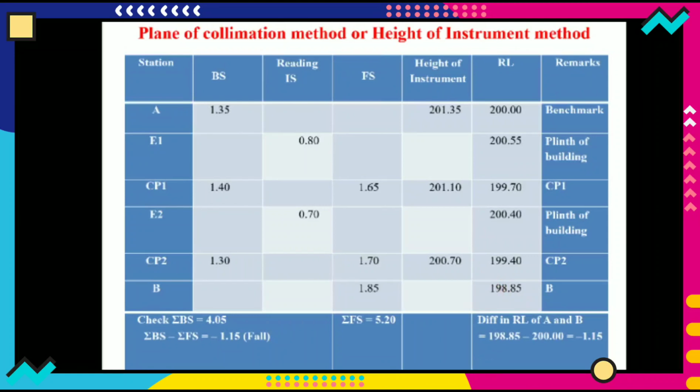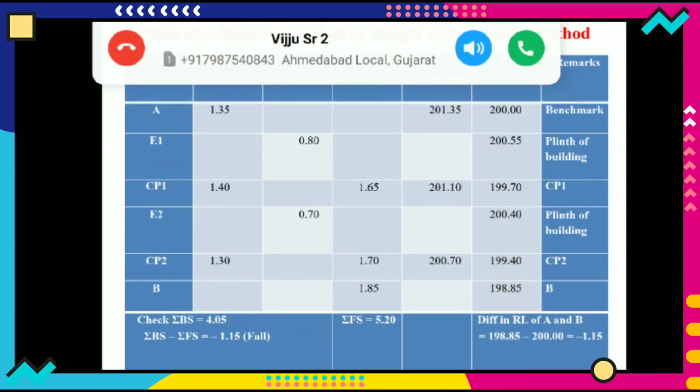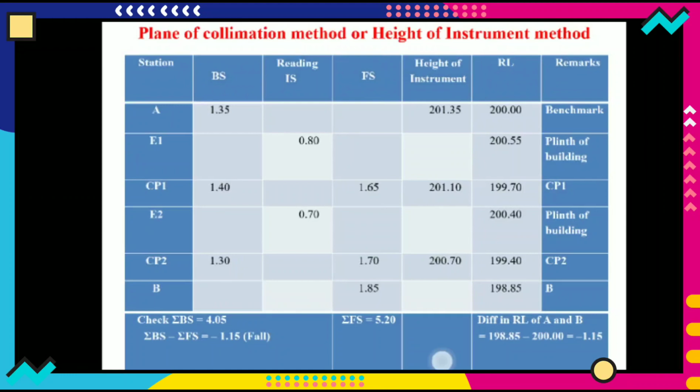Okay, then we write CP1, CP2 where backsight and foresight are taken. Then another check of this method, the height of instrument method or plane of collimation method, is last RL minus first RL.